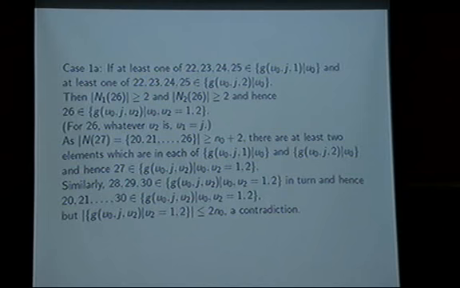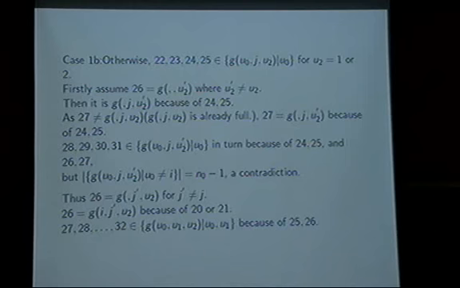Then you have 2 elements in this line and 2 elements in this line. Then 26 contains these 2 elements as its neighbors and 2 elements as its neighbors. So 26 also stays in this line or this line. And by the same token, 27, 28, 29, 30, up to 30, they should all stay here. But that's too many. So it's a contradiction.